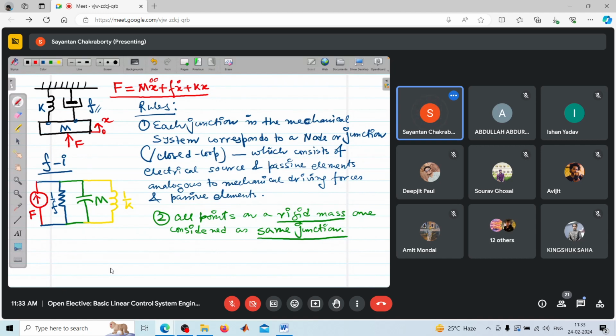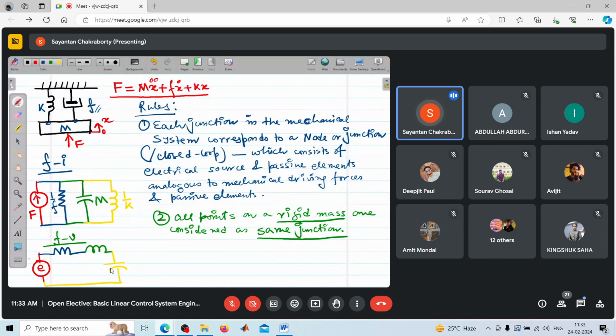Similarly, if we obtain the force voltage analogy, we have a voltage source in series with a resistance, an inductor, and a capacitor.